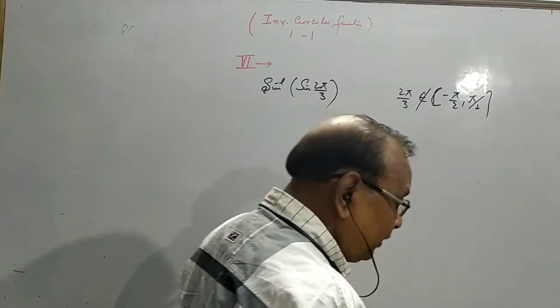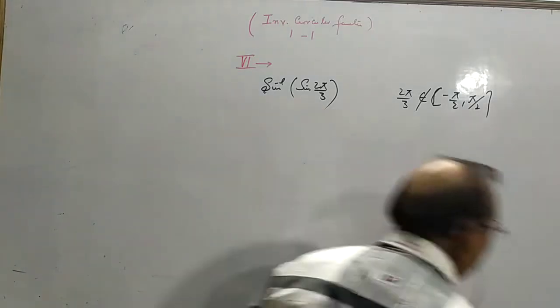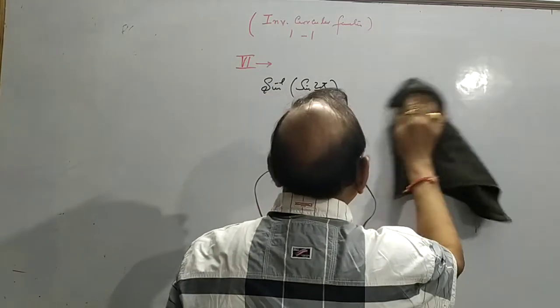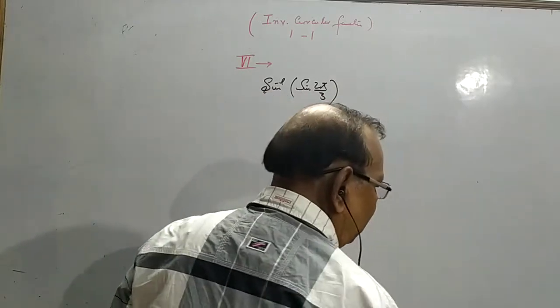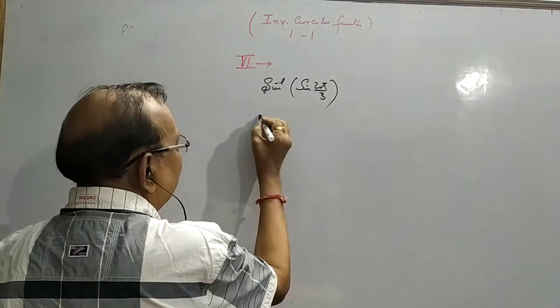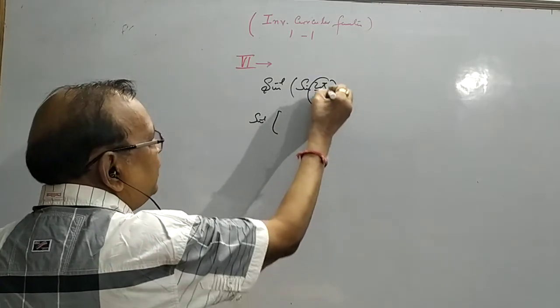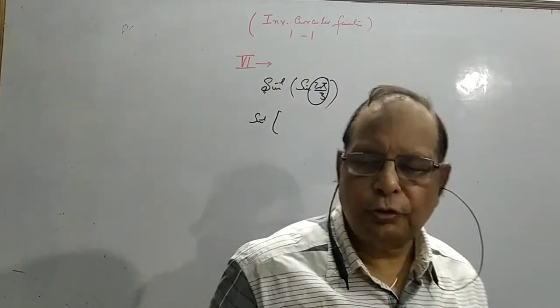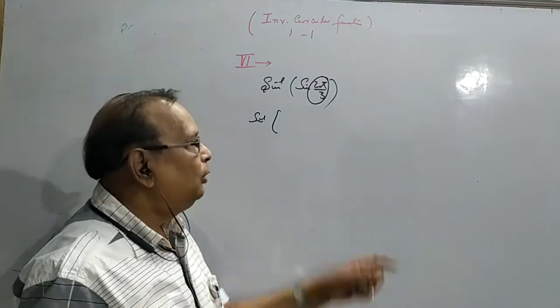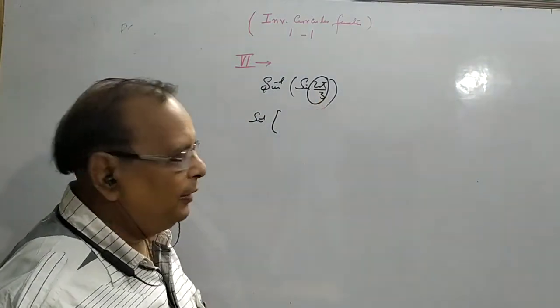Whatever the trigonometrical ratio may be, you have to convert the angle into the first quadrant.